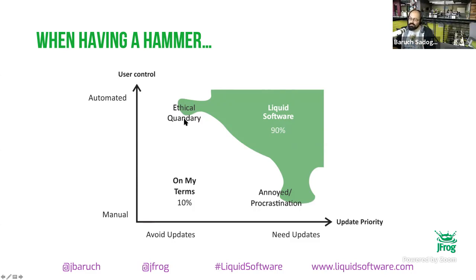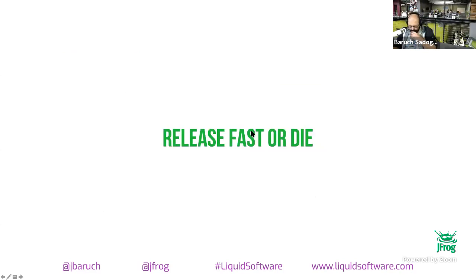And sometimes the answer is yes, sometimes the answer is no. When there are manual updates, but you really, really need them, you obviously will be annoyed because you need to do manual work to have those updates ready. So sometimes you will skip them and sometimes you will do it. But the majority of the software, 90% of the software, can and should be liquid.